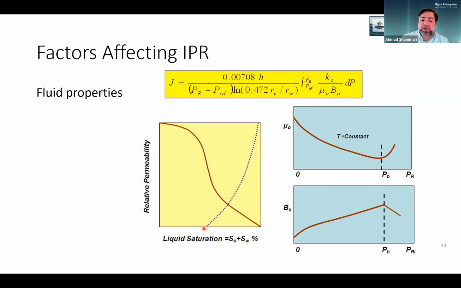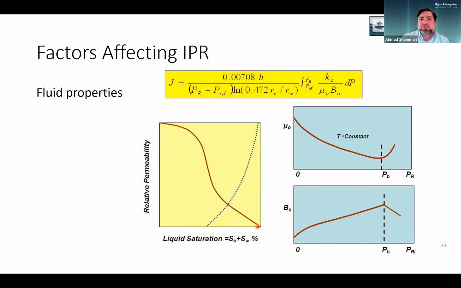And then as the water saturation increases, the relative permeability of oil will start to drop. At one point, the relative permeability of water will start to increase until the whole fluid becomes water, and then the relative permeability of oil will drop to 0. What does this mean? It means that the mobility of water is much stronger than oil.